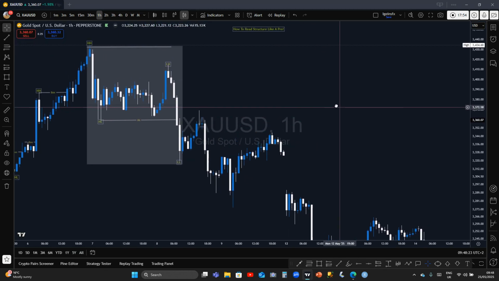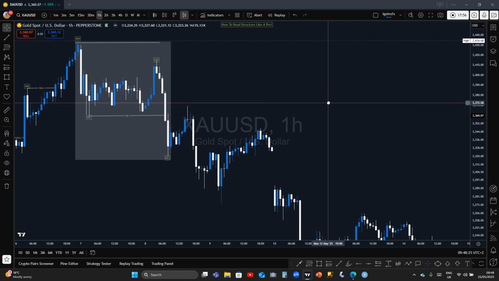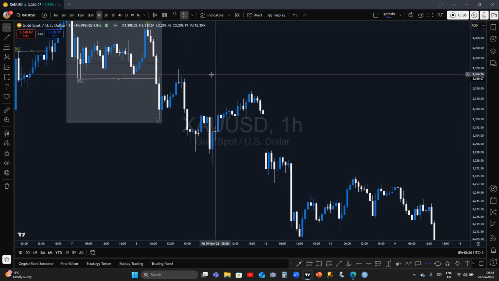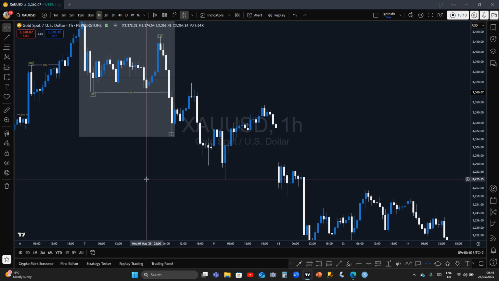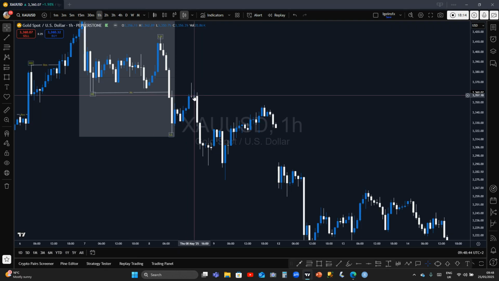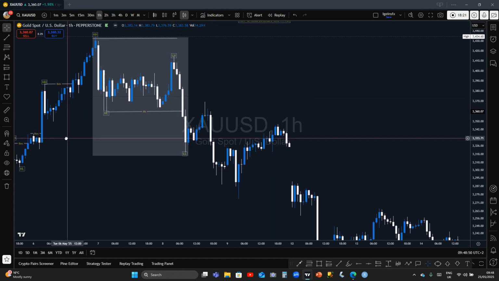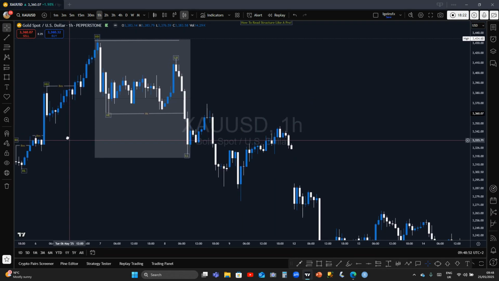What will now confirm the establishment of the bearish trend is for us to see a pullback to create another lower high, then a break of structure. If that is not completed, a bearish trend is not yet established.